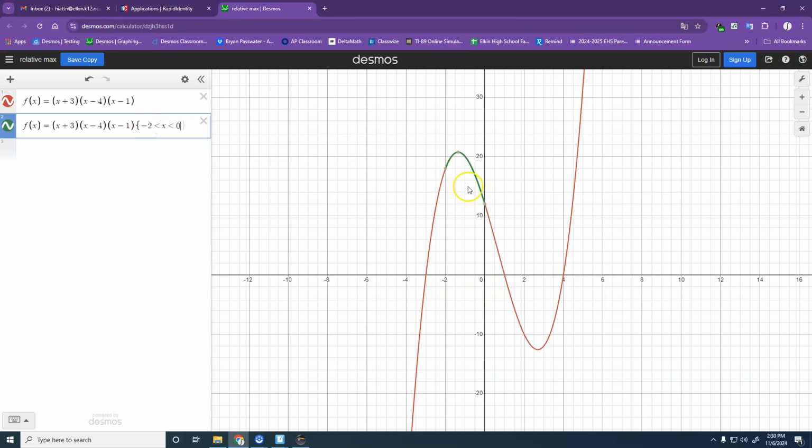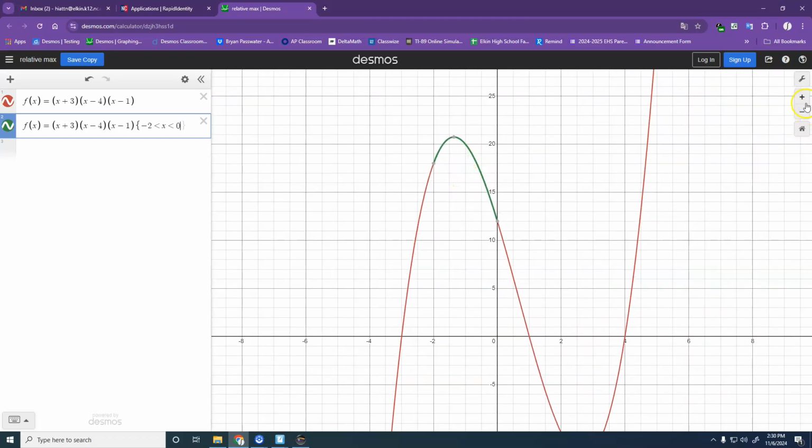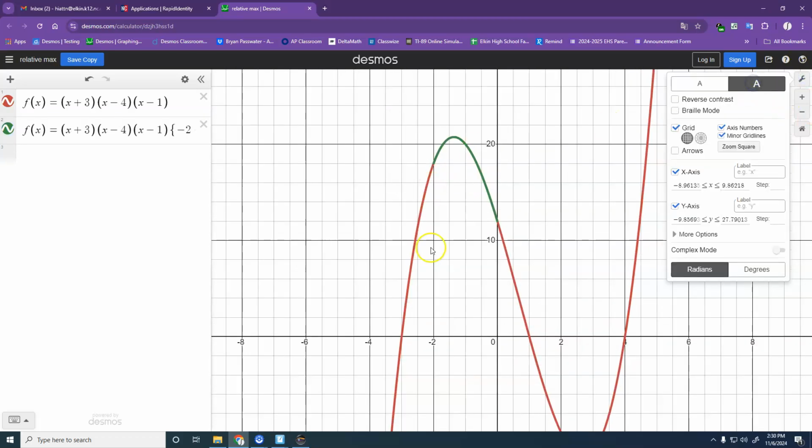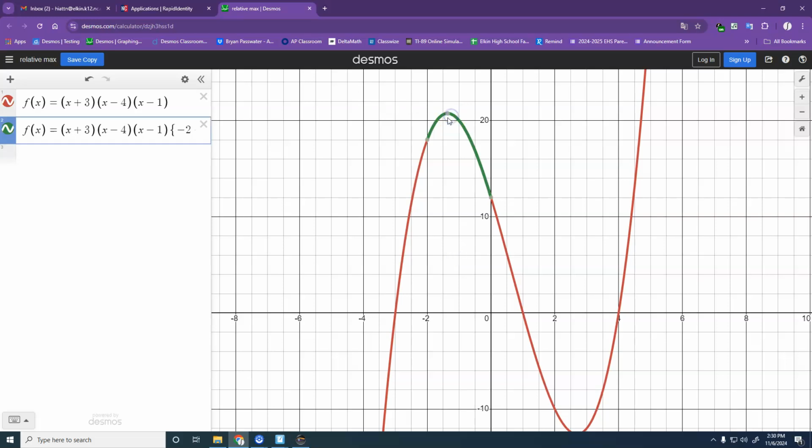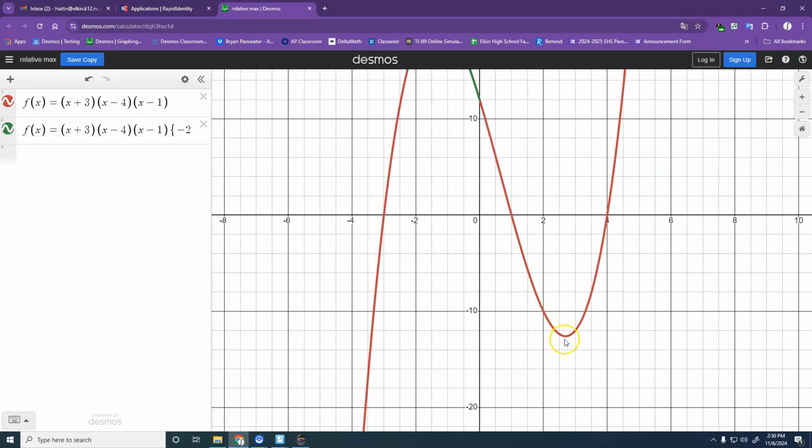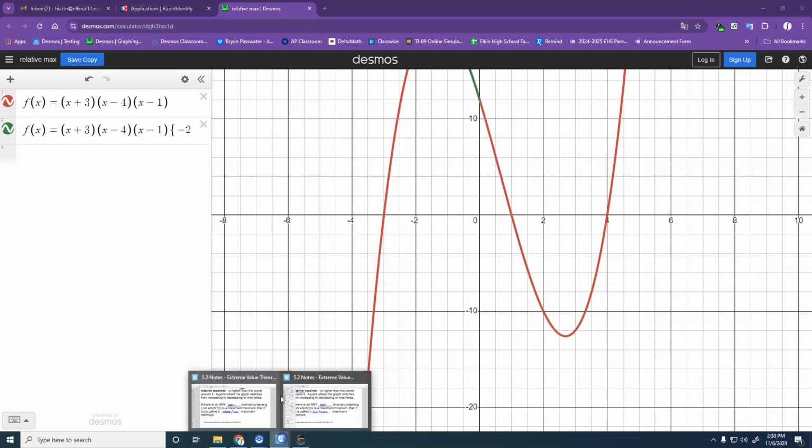If I just look on this interval, this part of this graph where I've turned this green, do I have an absolute maximum on that? Just that section? I do, right? So this would be an absolute maximum on that section, which means that it is a relative maximum for the graph, is what it's saying there. Same would be true down here for this minimum right here.